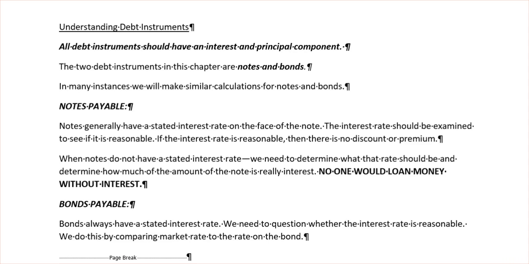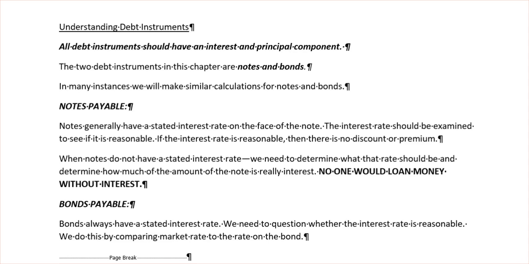And when they don't bear interest, it's unreasonable to assume anything would not have interest, and therefore we need to come up with a value of that interest, and we put that interest in our discount. So we're continuing along those lines.